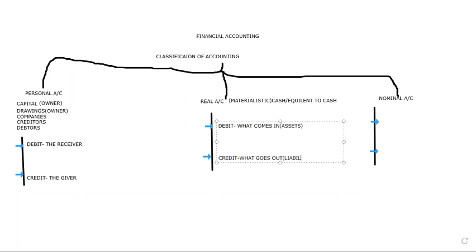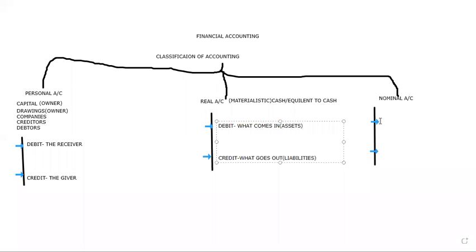And credit is going to be liabilities; possessing them is something like a loss for me, so it is going to decrease my value. So debit, what comes in, means assets, which, having or possessing them, increase my company's value. And credit, what goes out, is the liabilities. Possessing these liabilities somewhere decreases my value. So this is how I have split into two.